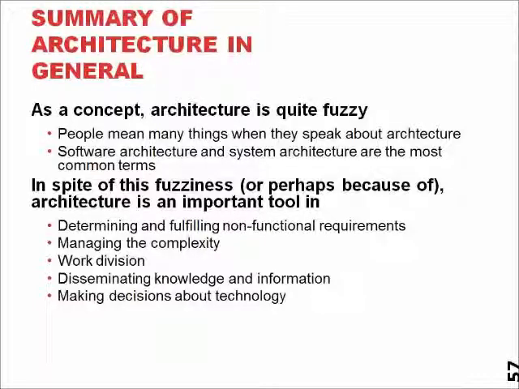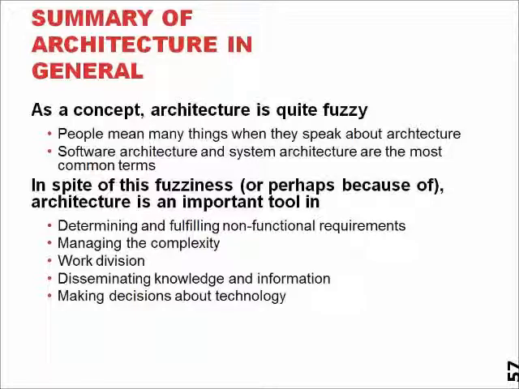So, overall, architecture in software development is a fuzzy thing. It may be the hardware, it may be the network, it may be the software we are building, but anyway, it enables us to exchange information and design stuff before we try to implement things.